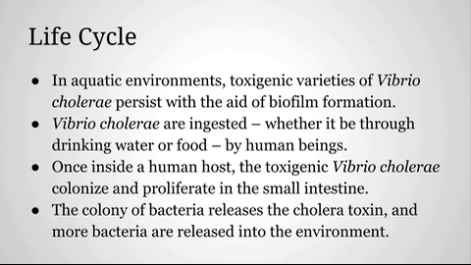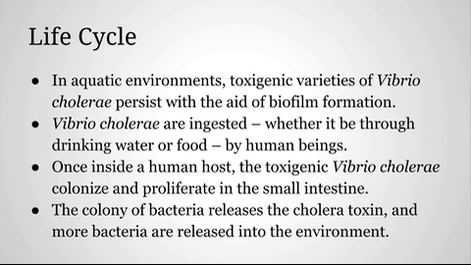So Vibrio cholerae are ingested, whether it be through drinking water or food, by human beings, and once they're inside of a human host in the small intestine, they colonize and proliferate, and they release a toxin.